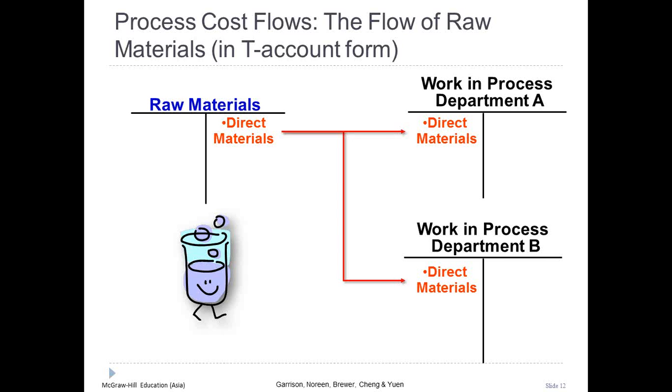Direct material costs are debited to the appropriate departmental work in process account, depending upon where the materials were added to the production process. The raw materials inventory account is credited for the corresponding amounts.